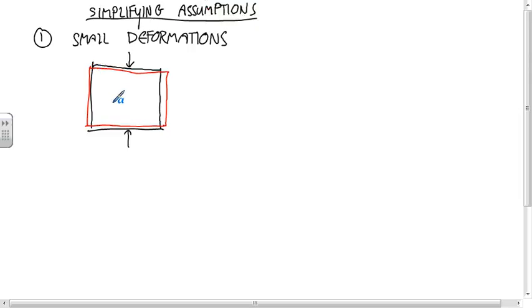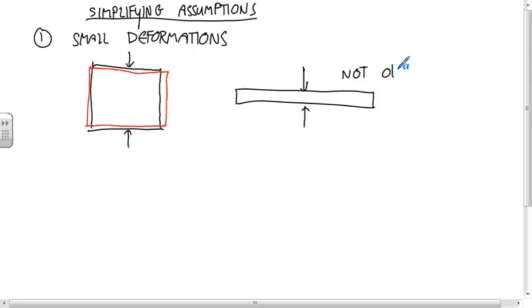A deformation like this is okay. A deformation that's just a few percent of the size of the object. But something like this is not okay. The math that we're using would give really bad approximations for big deformations like that.